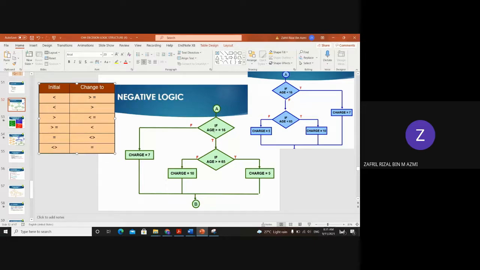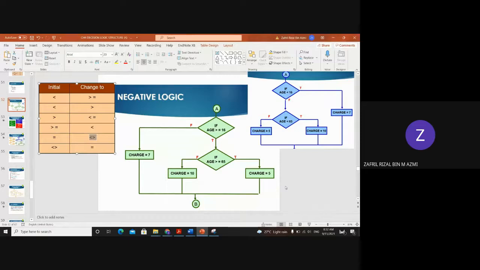If your case is more accurate using this symbol, then we need to use this symbol. Okay, if you want to convert from positive to negative, and vice versa, if you want to convert negative to positive, of course, we may refer to the same table. This is not equal, not equal.